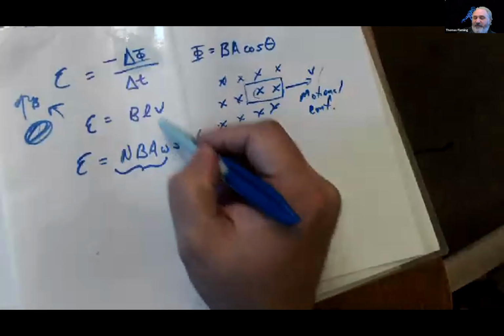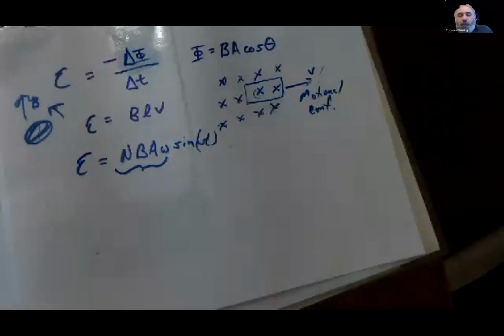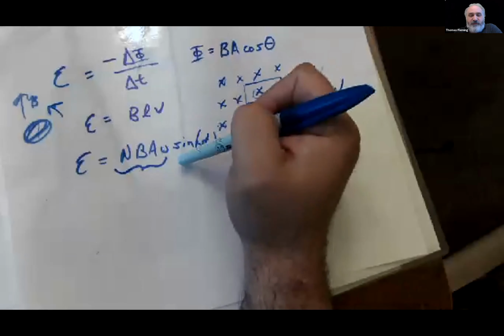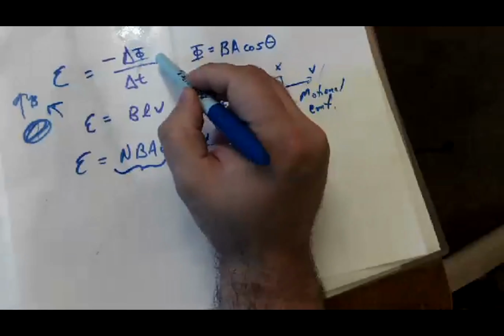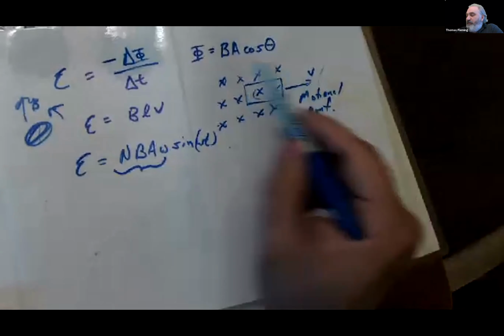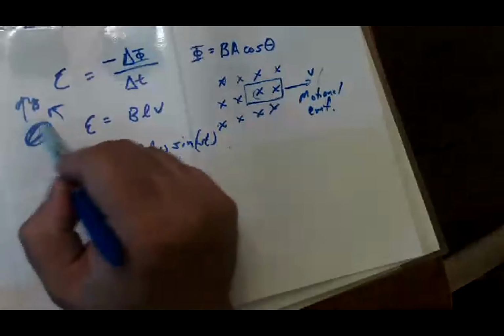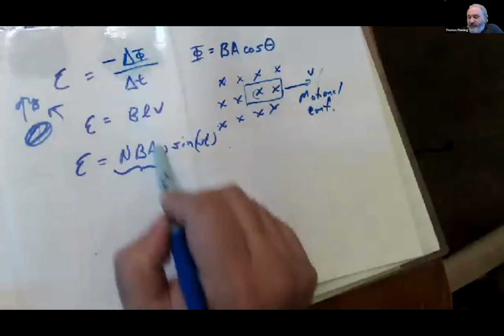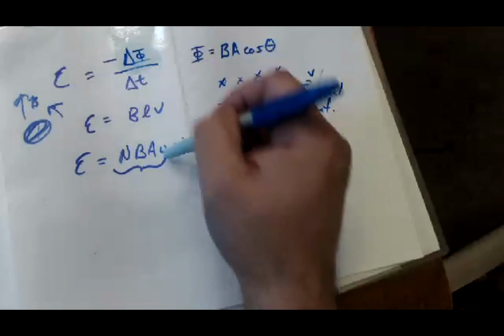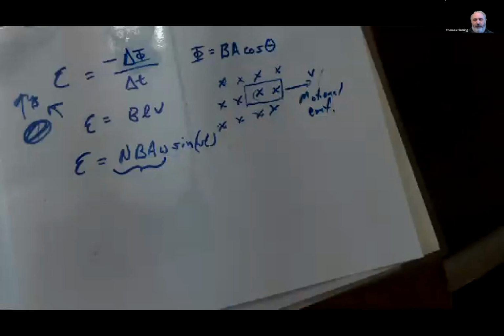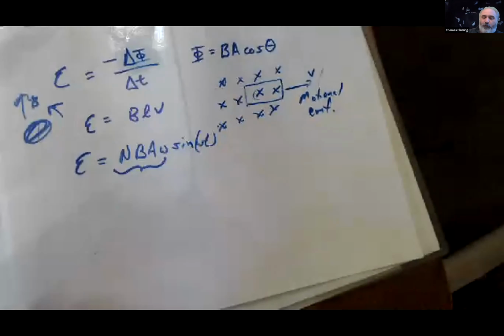This is just how you implement it in some particular scenarios where it's important to be able to translate it. But it's not like it's 3 different equations. It's one equation. It's just that under certain conditions, like when you're pulling a loop out, this simplifies to this. And when you're spinning a loop inside a magnetic field, this will simplify to this. To prove how you go from here to there, I'd have to use some calculus, which we're not going to do. That's why it seems like it's 3 different equations, but really it's not. So you just got to know what conditions these are used for before you pull them out.